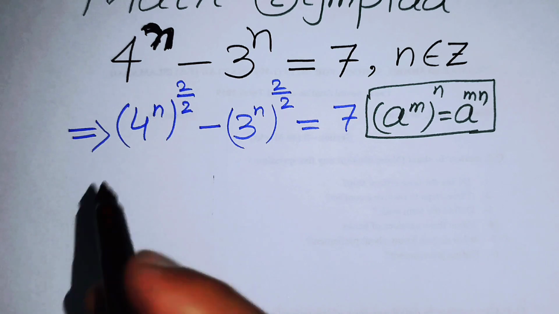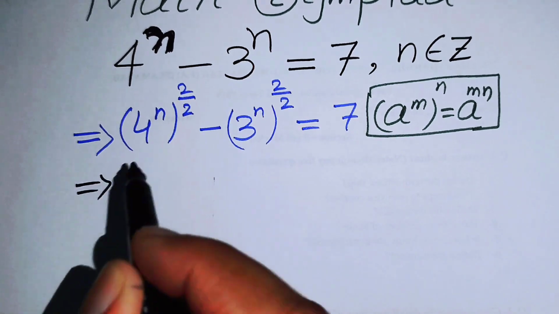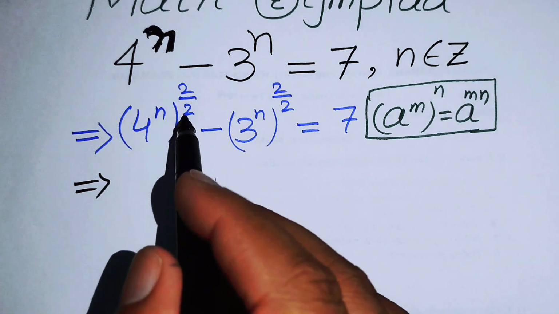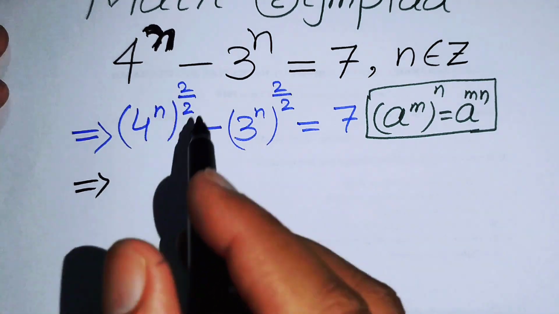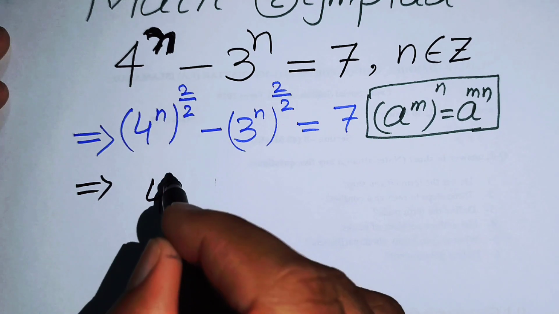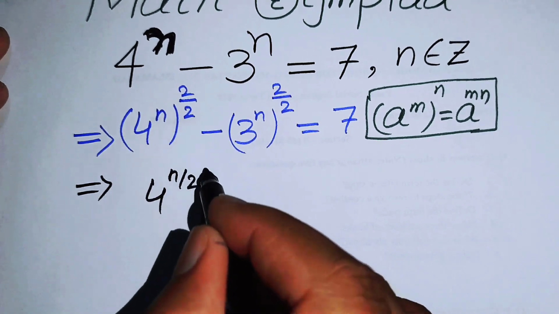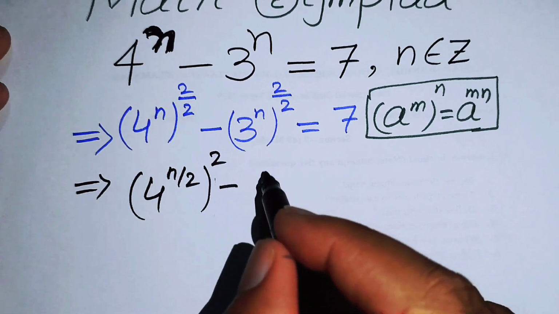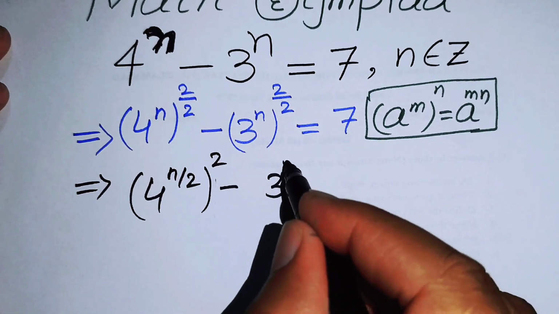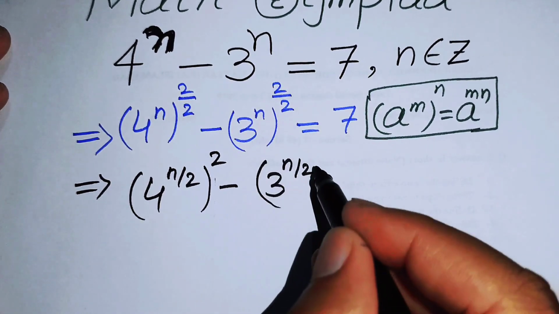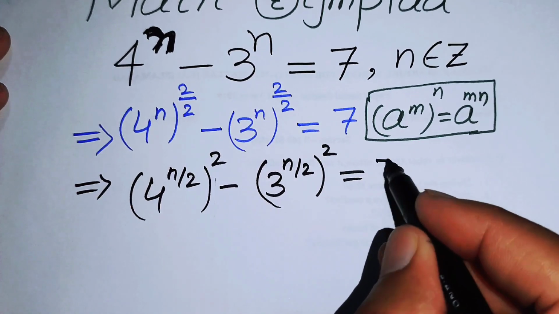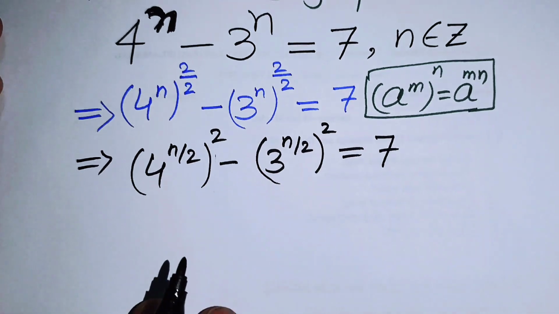According to this law, we can take the 1 over 2 exponent inside the term, and you get 4 to the power of n over 2, whole squared, minus 3 to the power of n over 2, whole squared, and this whole equation is equal to 7.